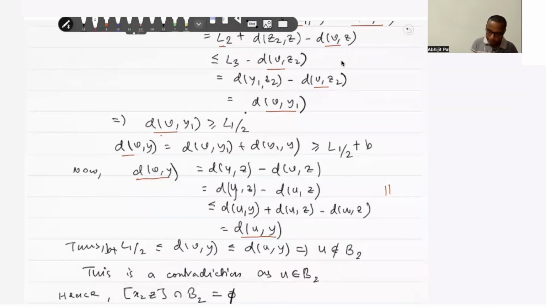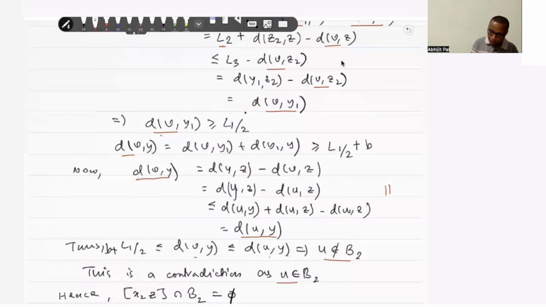So what we have proved is that B1 plus L1 by 2 is less than or equal to distance between VY, which is less than or equal to distance between UY. So this implies that this U does not belong to this ball B2. This is a contradiction because we have assumed that U belongs to B2.